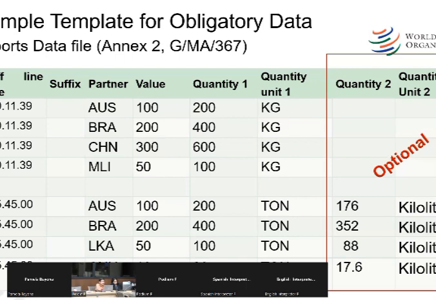So the imports from Australia, well, we will see the quantity, the value and the currency later, 200 tons refer to 176 kiloliter.